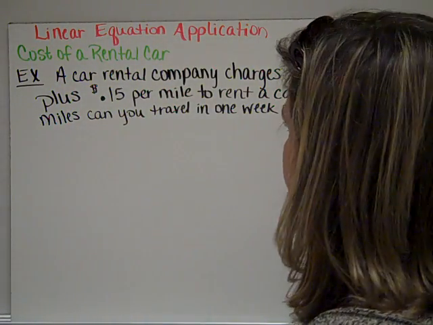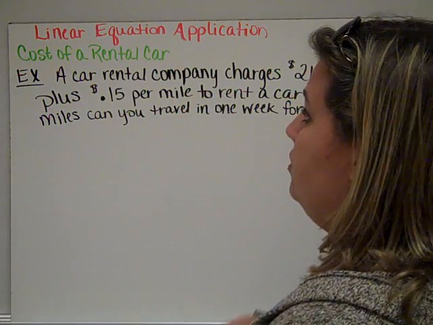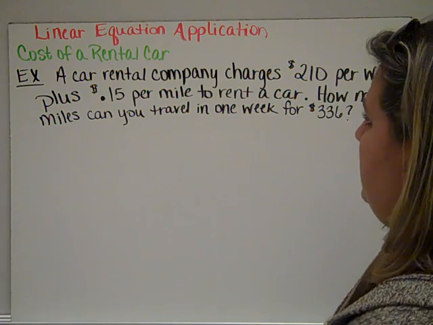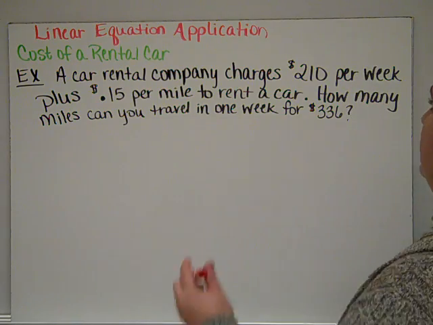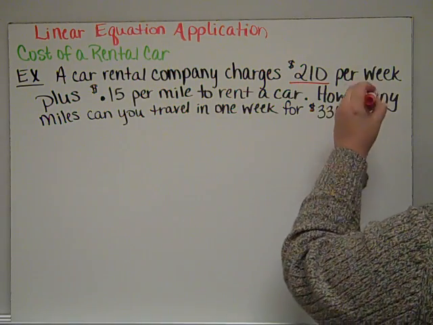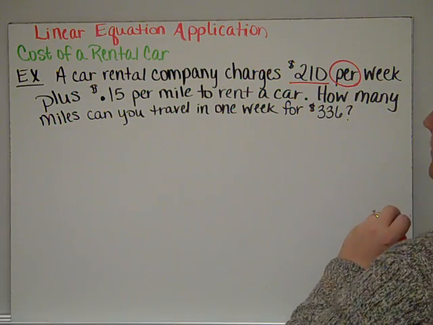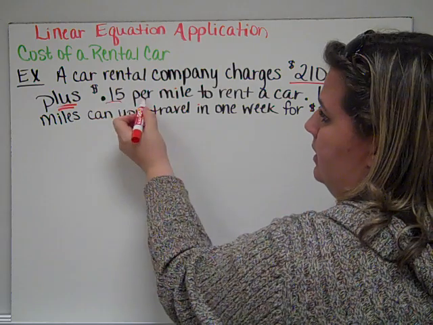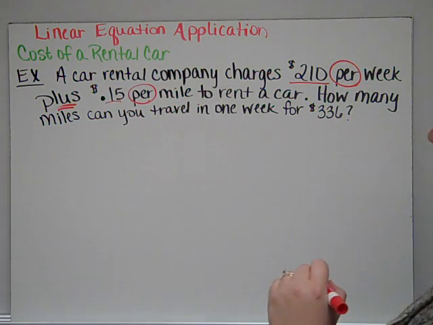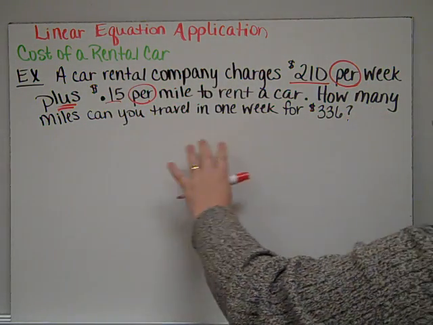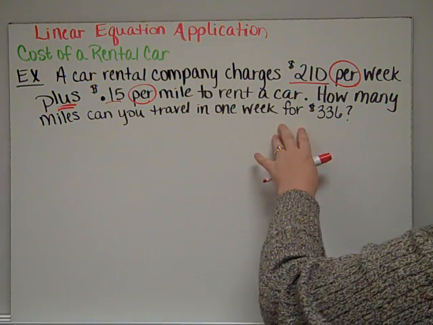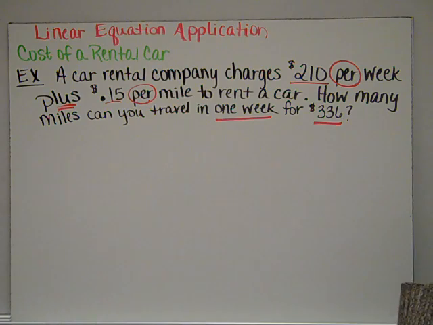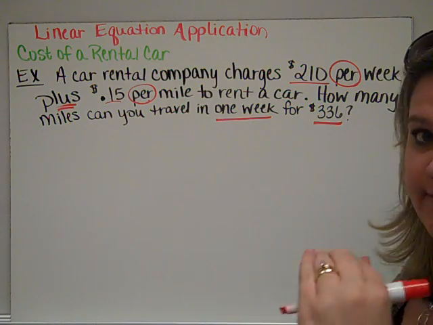Okay. Linear equation application. Now we're going to talk about a rental car. Here I have a car rental company that charges $210 per week plus 15 cents per mile to rent a car. How many miles can you travel in 1 week for $336? So now we've got to identify some variables here.